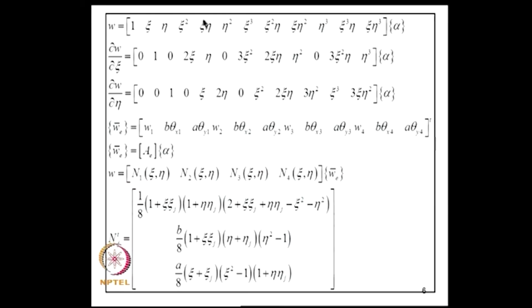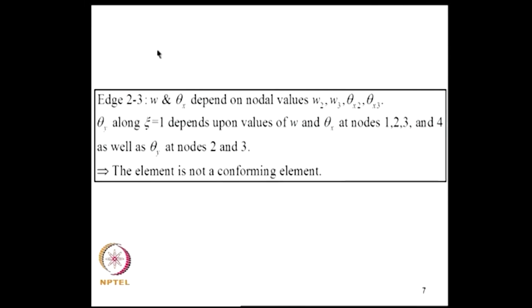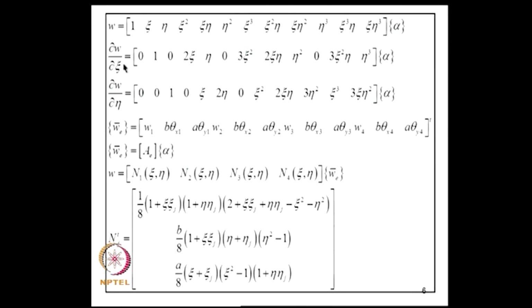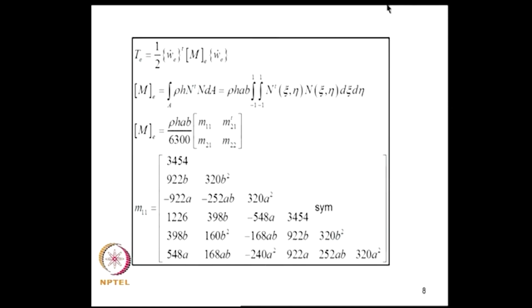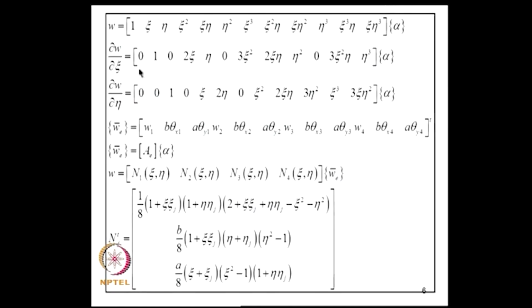we expanded to determine the shape functions. We represented the trial function in this form, and since the variational formulation has gradients with respect to x and y, we evaluated this, and at every node, there are 4 nodes, at every node these 3 quantities are specified.